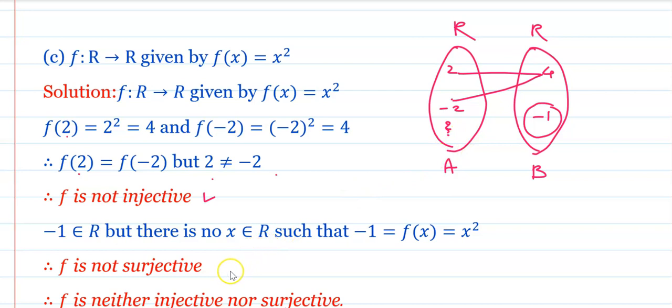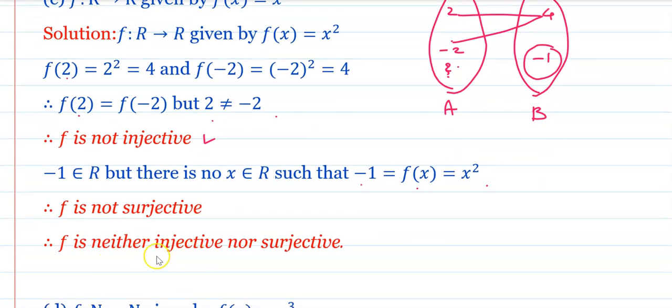It is not onto. Okay, and that's why we write here -1 belongs to set of real numbers, but there is no x in this R such that -1 is equal to f of x is equal to x square, and therefore f is not surjective, and hence f is neither injective nor surjective.